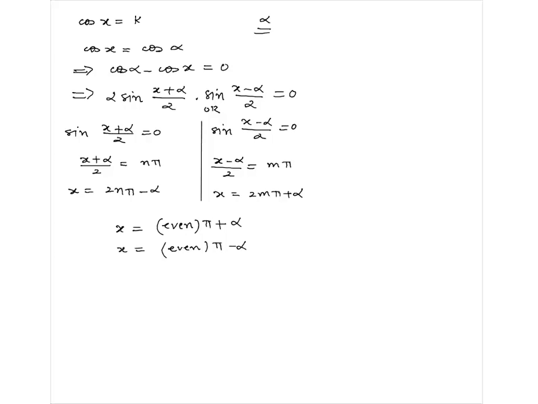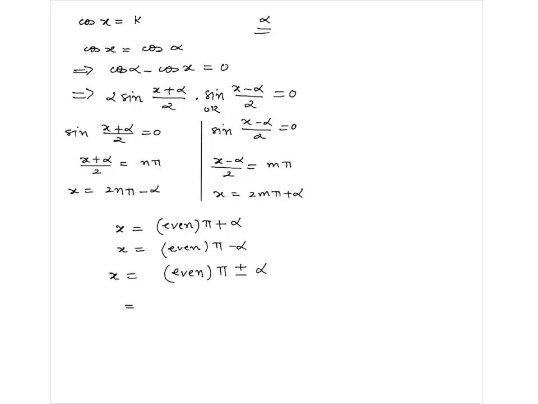And it is an "or" type of situation. Any of them will go. Any of them are acceptable. So the general solution would be even into pi plus or minus alpha.